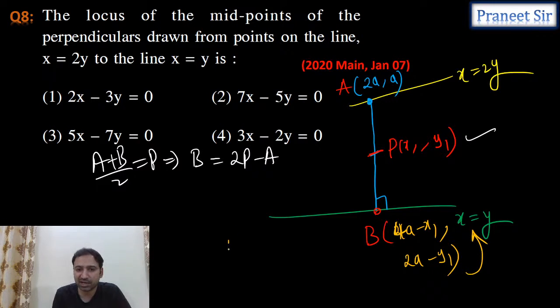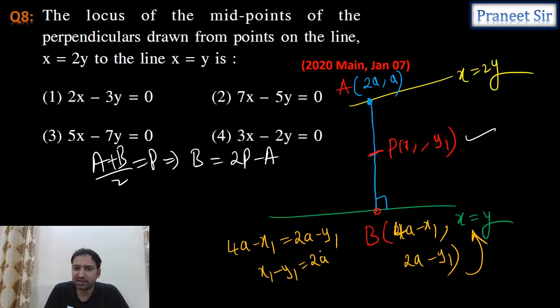So if you substitute, what I'm getting is 4a minus x1 equals 2a minus y1. From this we are getting x1 minus y1 equals 2a. But we don't know the a value, we need to eliminate a. So we got one relation now, and another relation we can find.